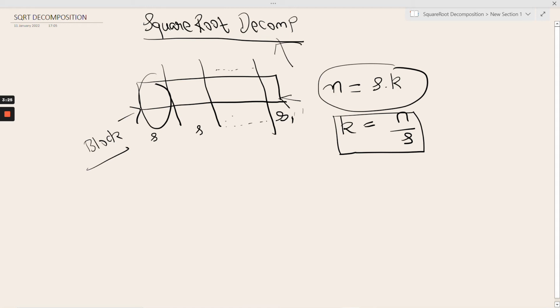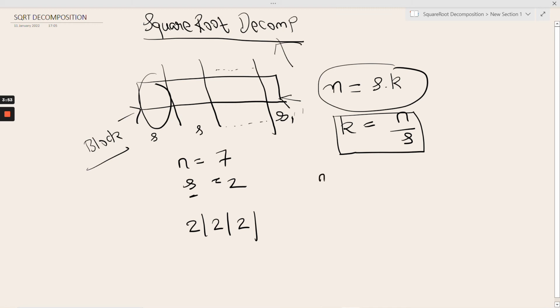Now let us look at this with an example. Let us say that n is equal to 7 and the number of elements in each block is 2. How many blocks are you going to have? You're going to have 4 blocks. In the first block you will have 2, then 2, then 2, and the remaining elements, which will always be less than or equal to s, will be placed in the last block.